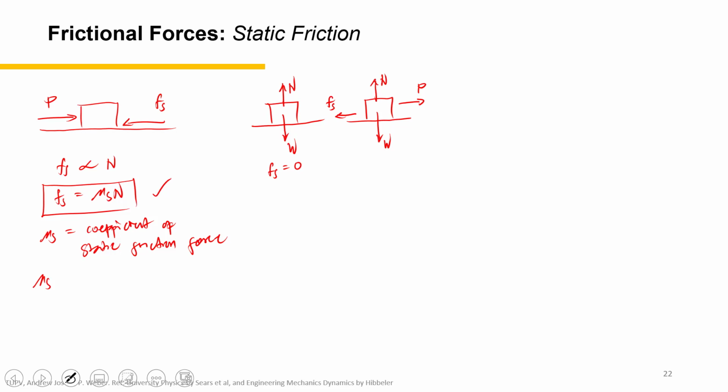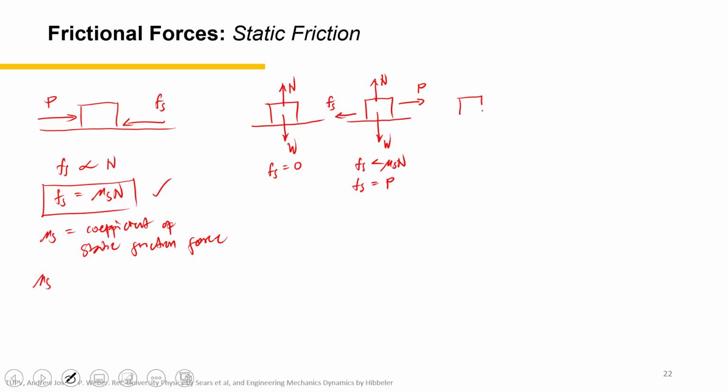So the application of force is weak. The box remains at rest because the static friction force is less than μs N. Of course, the Fs balances the magnitude of P.